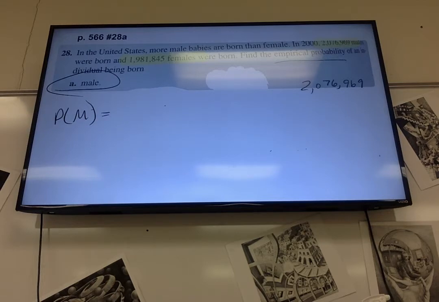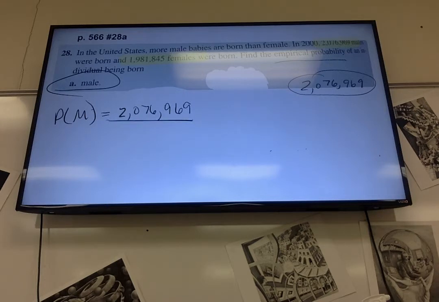So which one of those numbers would I put on top? This one. Since we're looking for the event of males, we would put the number of males, 2,076,969.